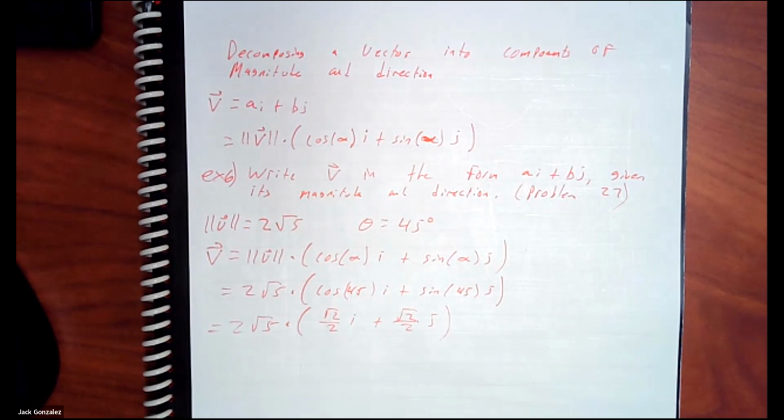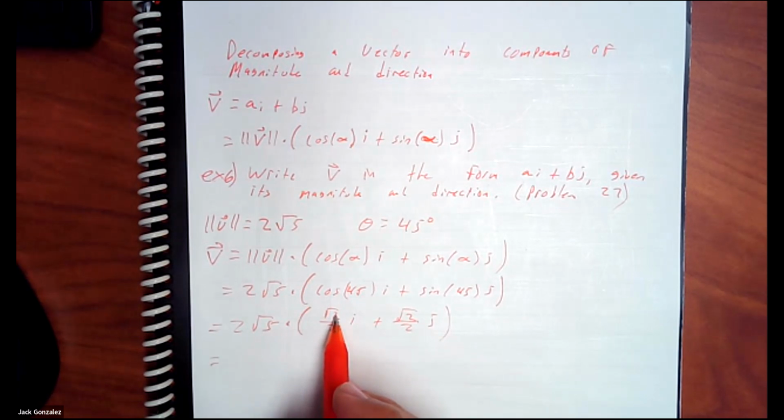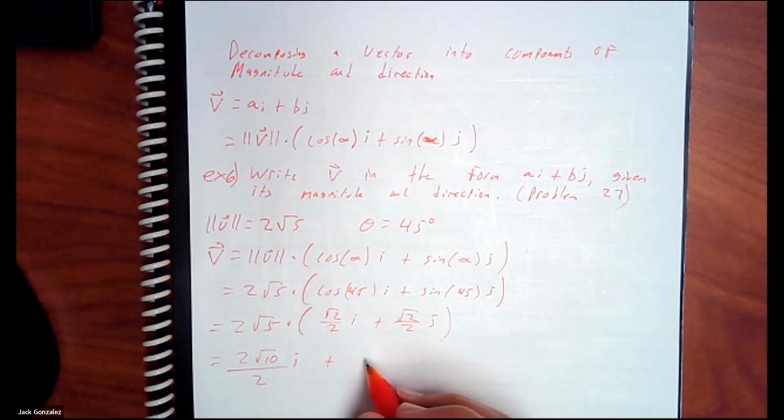Multiply that out. So root 5 times root 2 is root 10. So that'll be 2 root 10 over 2 I plus 2 root 10 J over 2.